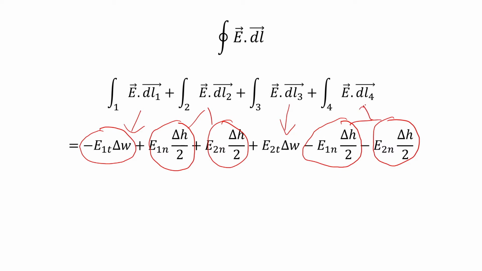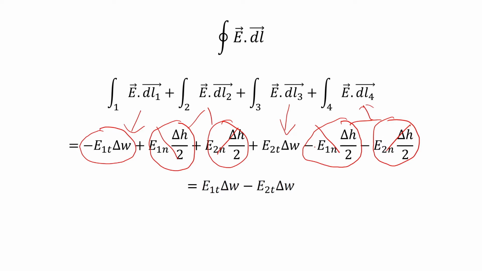The minus indicates that the direction is opposite. You may see that these two cancel each other and these two cancel each other. That is the reason I told you that even if there are other fractions instead of halves, they would cancel each other out and have literally no effect.